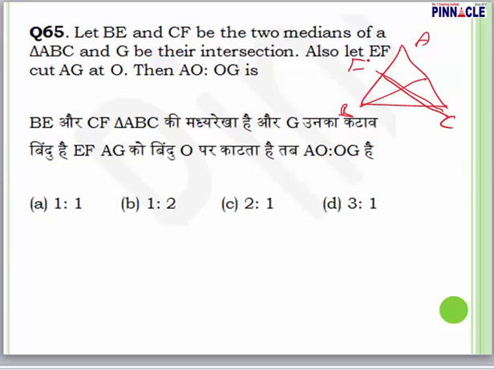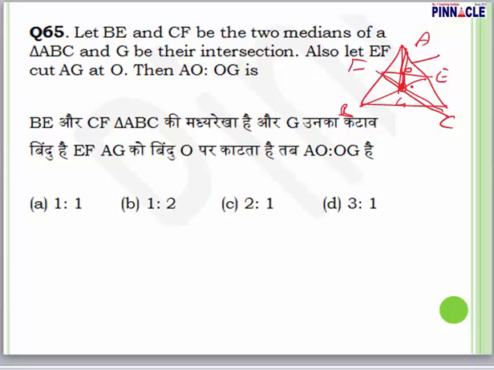BE and CF are the two medians of triangle ABC, and G is their intersection, means this is the centroid. Also let EF, this is E and F, cut AG at O. See, AO and OG, we have to find the ratio of this.